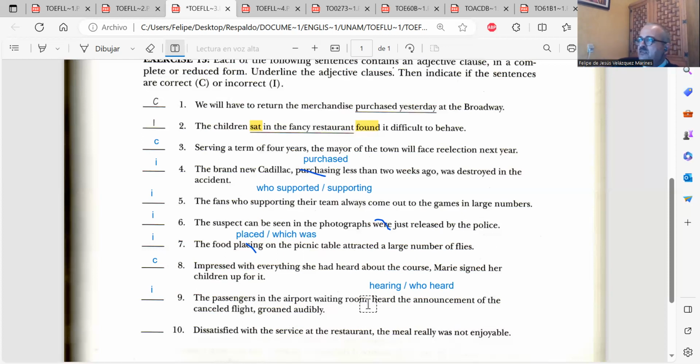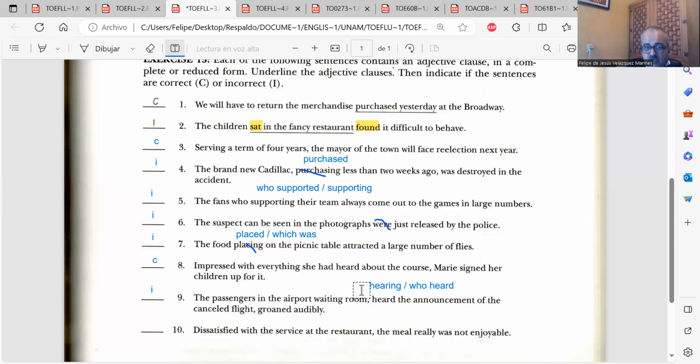In Spanish we do this reduction. We say al momento de. So, los pasajeros en la sala de espera del aeropuerto, al oír el anuncio del vuelo cancelado, gruñeron en forma audible.